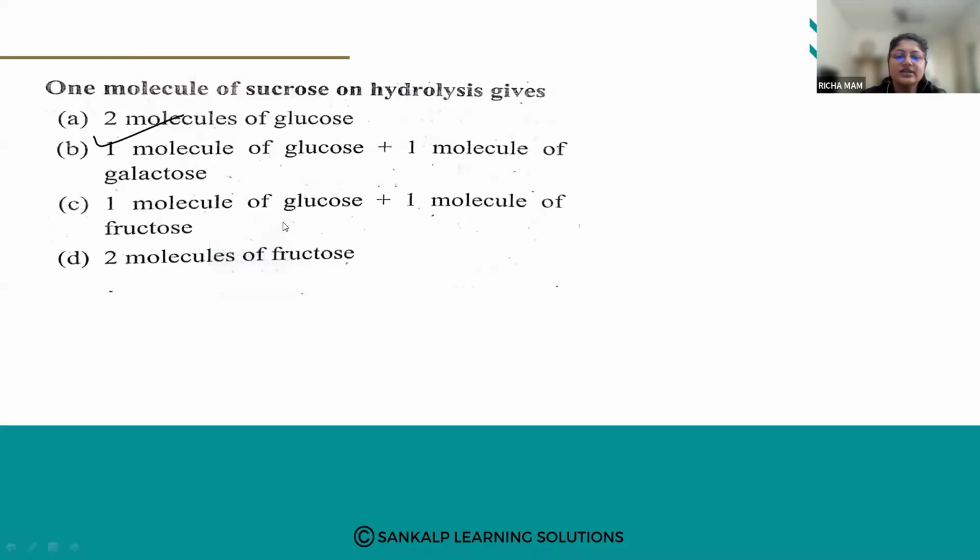The next question: one molecule of sucrose on hydrolysis gives: 2 molecules of glucose; 1 molecule of glucose plus 1 molecule of galactose; 1 molecule of glucose plus 1 molecule of fructose; and 2 molecules of fructose.